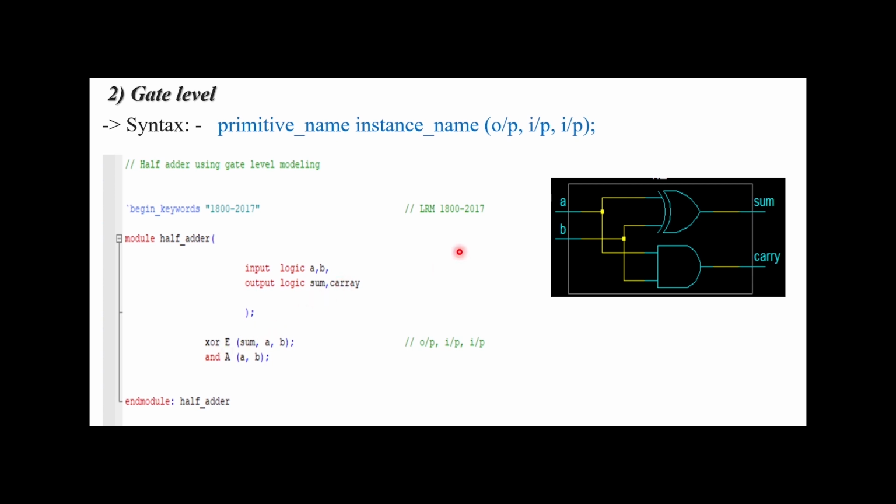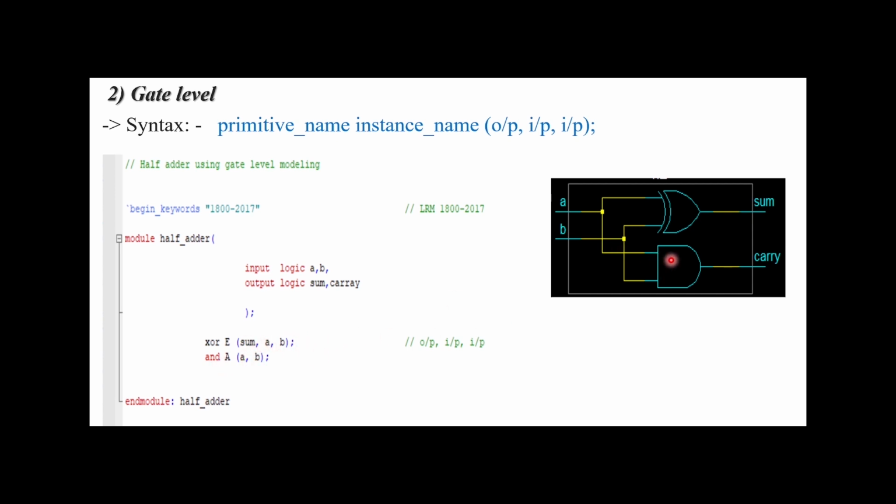Then the XOR, and the instance for this is E. You can give any name. Within parentheses we provide the output followed by inputs. So the output for this XOR is sum, inputs A and B: sum, comma A, comma B.